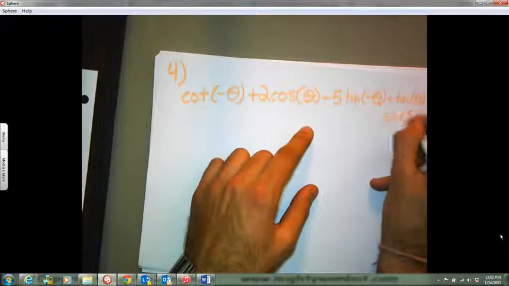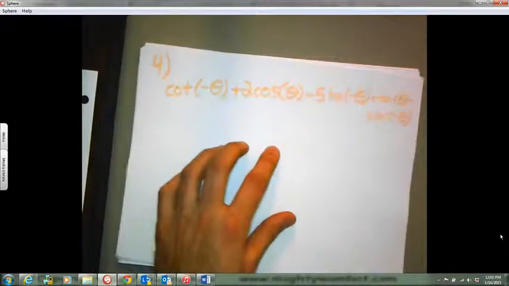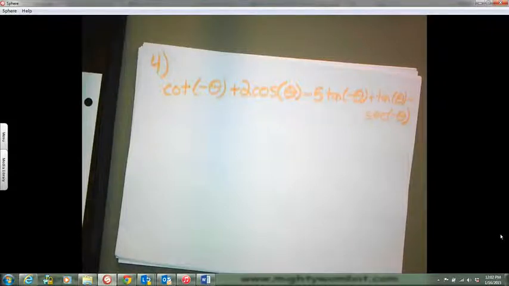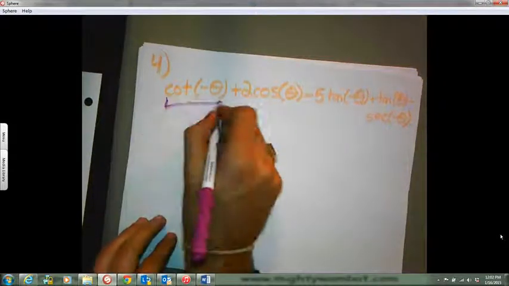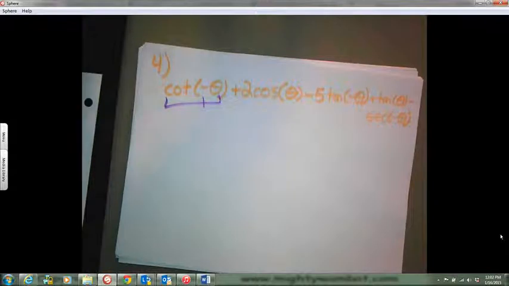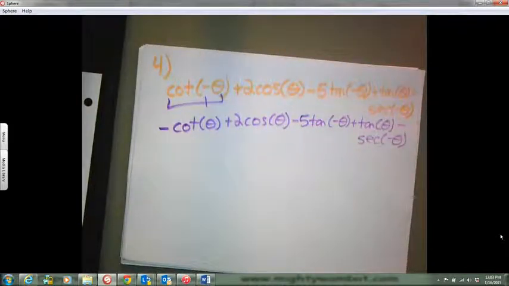Alright, so this is the first thing I'm going to do, what's in this pink box. I'm going to freeze the camera, and I'll open it up here very shortly to show you what I got. So here's what I got, just doing one step. Alright. The next step I'm going to do is what is underlined in green.